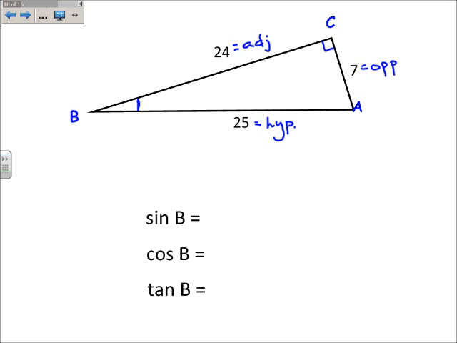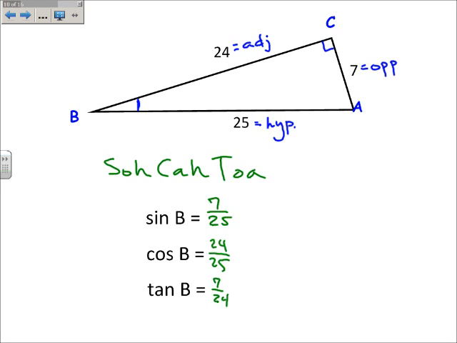Again, SOHCAHTOA. The sine is the opposite over the hypotenuse, 7 over 25. The cosine is the adjacent over the hypotenuse, 24 over 25. And the tangent is the opposite over the adjacent, 7 over 24.